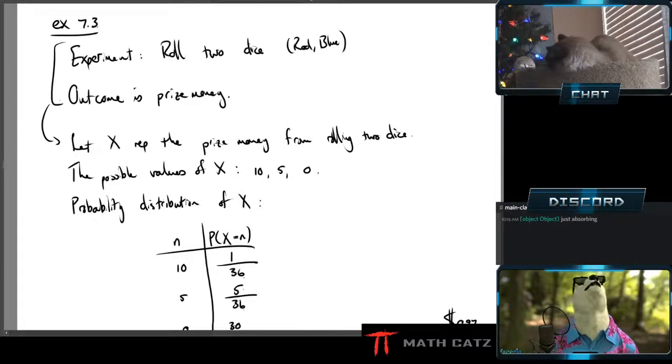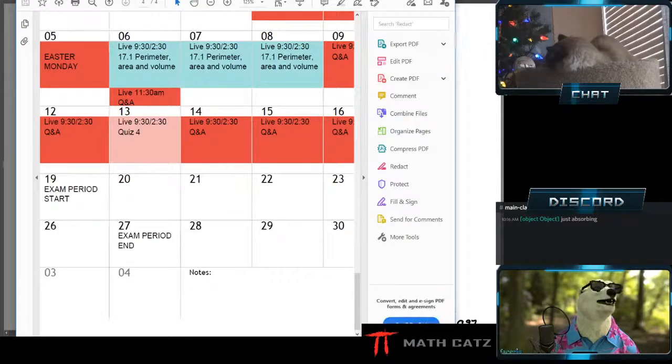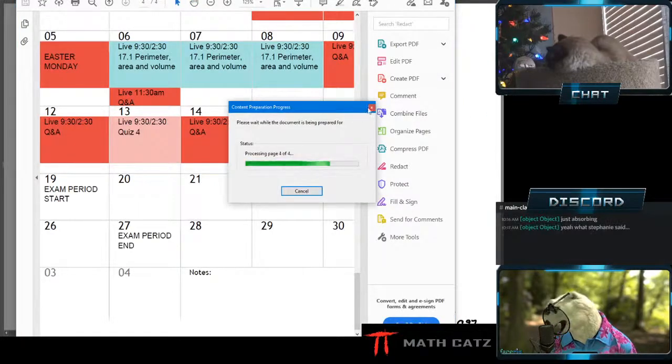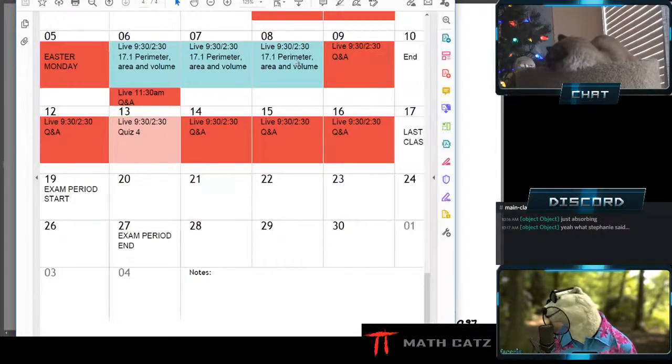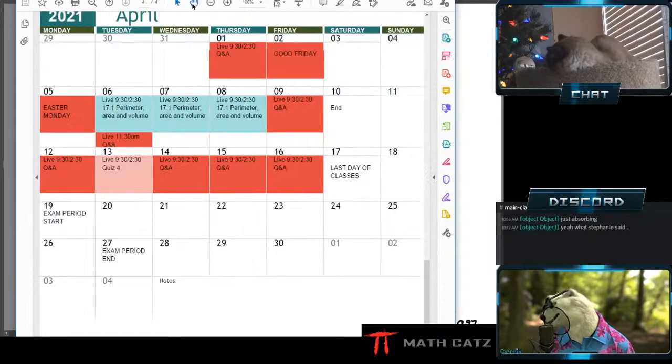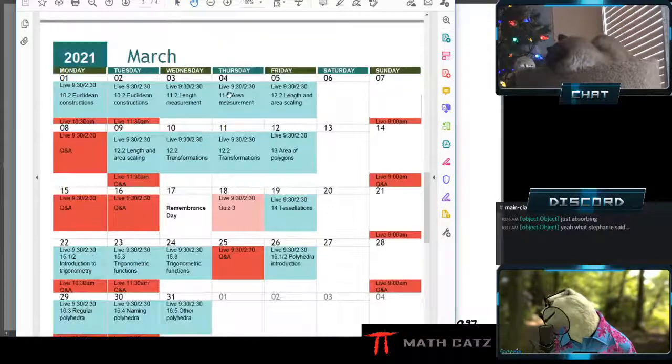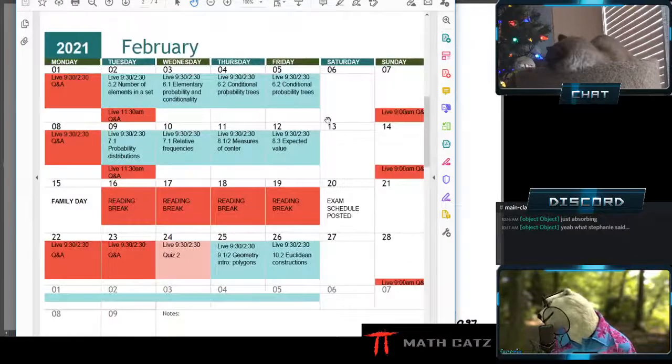This is all we're doing for this week. Nothing else is scheduled. Let me look at the schedule actually. I'm going to have to update the schedule because we have more time scheduled than I can actually use. This is way too zoomed in. April? No! Get away from me, April. You're not something I want to worry about yet.